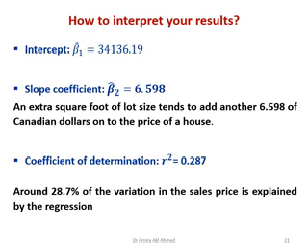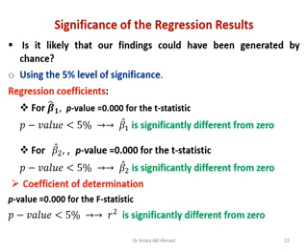A relevant question is, is it likely that our results could have been generated by chance? Let's answer this question in the next slide. As you already know from statistics, we could answer the previous question through performing hypothesis testing.